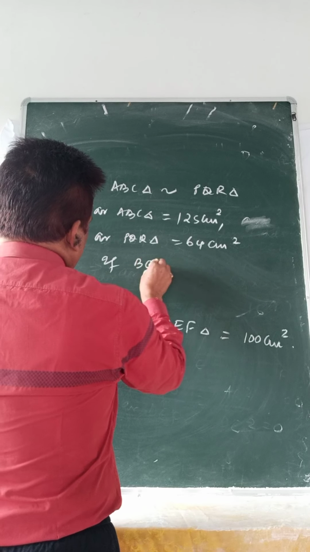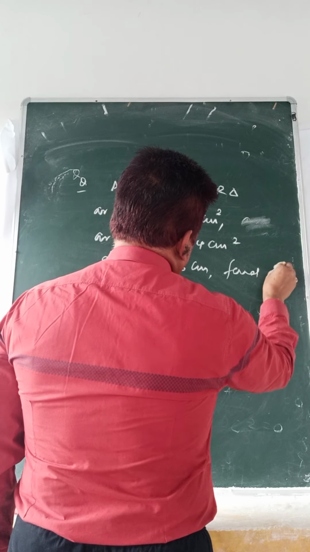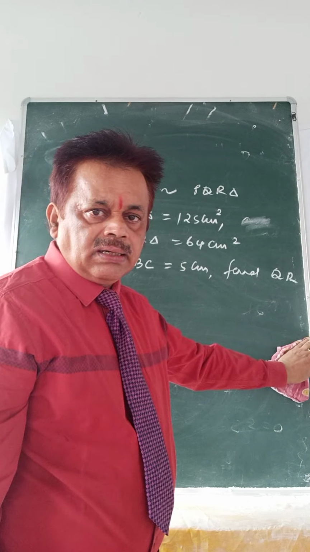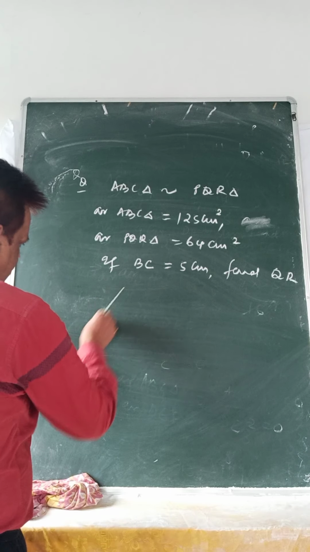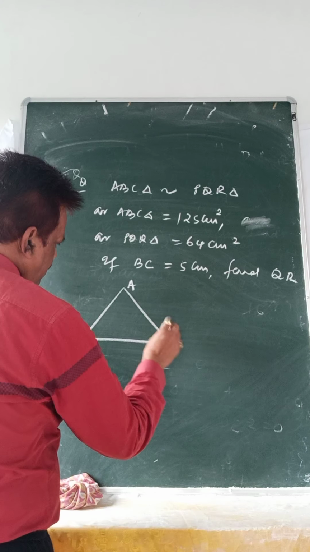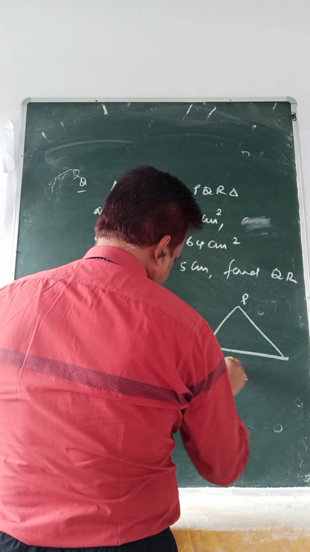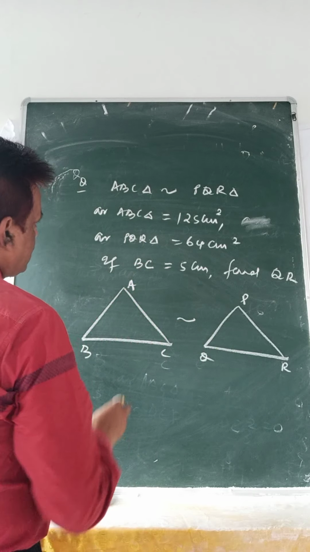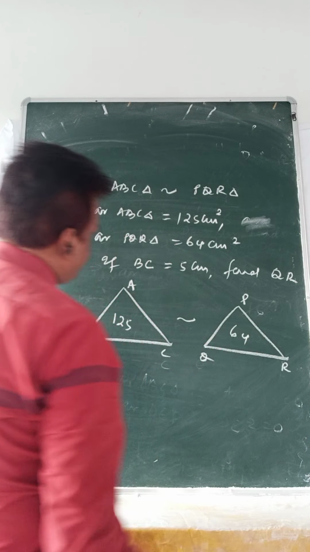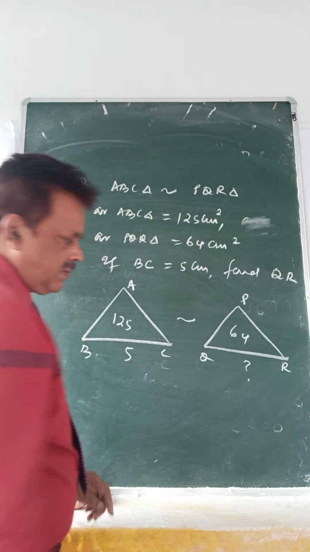If BC equals 5 centimeter, find QR. Okay, draw the triangle. ABC similar PQR. This is 125. This is 64. BC is 5. QR you have to find out.